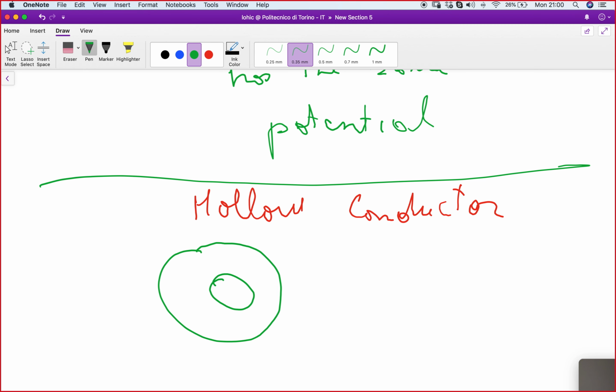So this is a cavity, this is empty. The surface of this conductor is made by this surface, I mean this one, and this one.